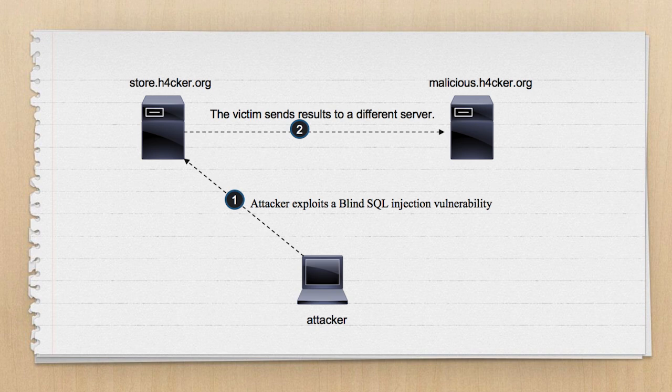In this case, I'm showing how an attacker exploits a blind SQL injection vulnerability in store.hacker.org. Then the attacker forces the victim server to send the results of the query, the compromised data, to another server called malicious hacker.org.